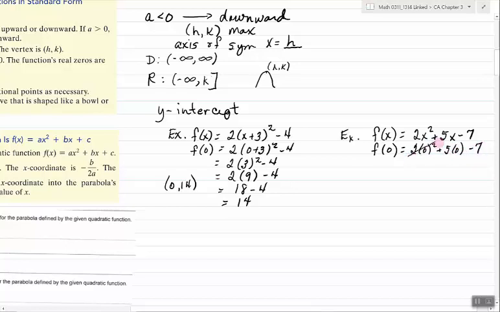This term goes to 0. This term goes to 0. And f of 0 is negative 7. The ordered pair of the y-intercept is (0, negative 7). And so when you're in general form, the constant is the y value of that intercept.